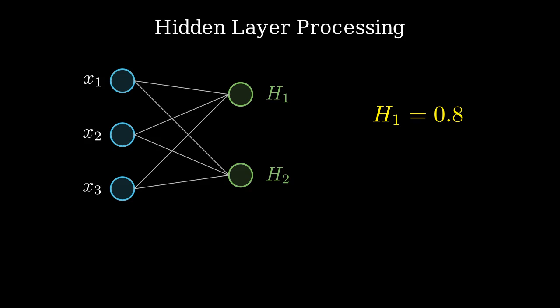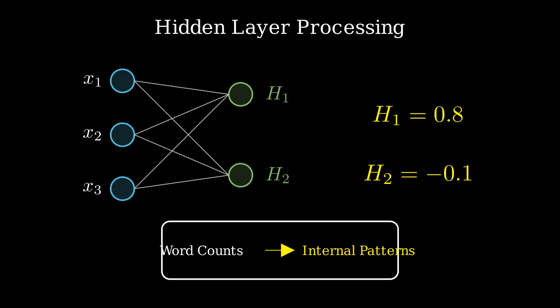Adding these results together gives us a total of 0.8. We perform a similar calculation for neuron H2 using its specific weights, which results in a value of negative 0.1. This process is how the network begins to aggregate the raw signals from our keywords into more complex internal patterns. It is the first step in transforming simple word counts into meaningful information.